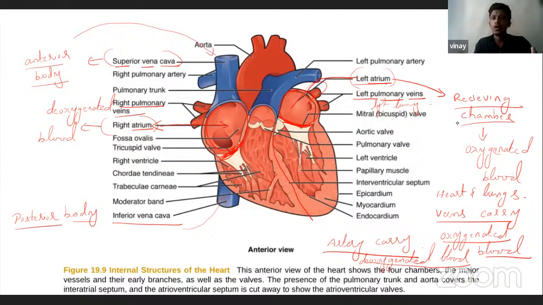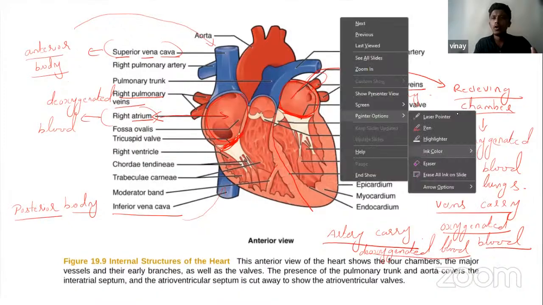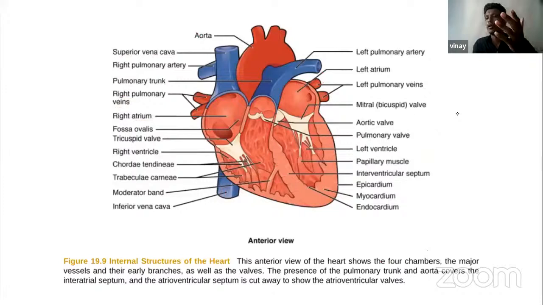So we understood about the arteries, the left artery and the right artery, and the blood is received in the right atrium. So what happens here? The deoxygenated blood has to go for oxygenation because this particular blood is not good for our body.